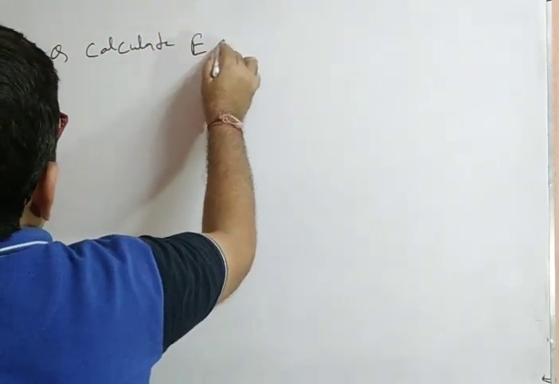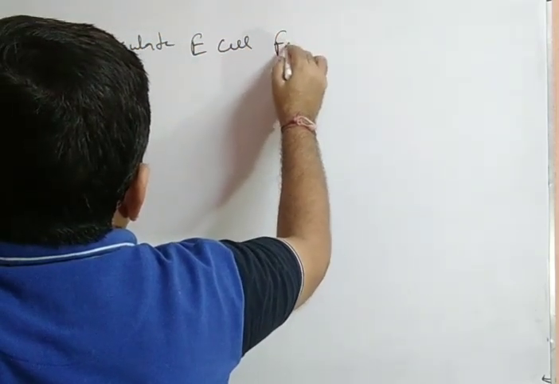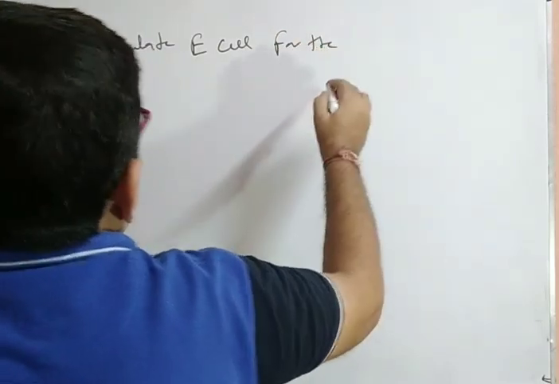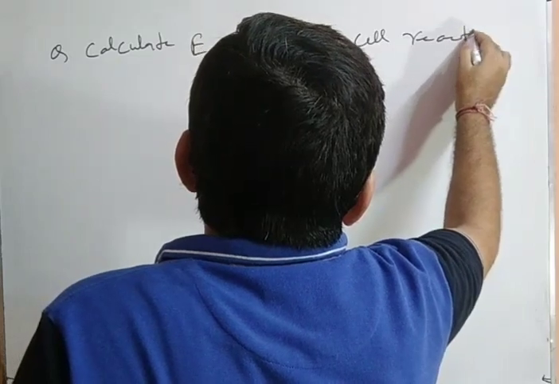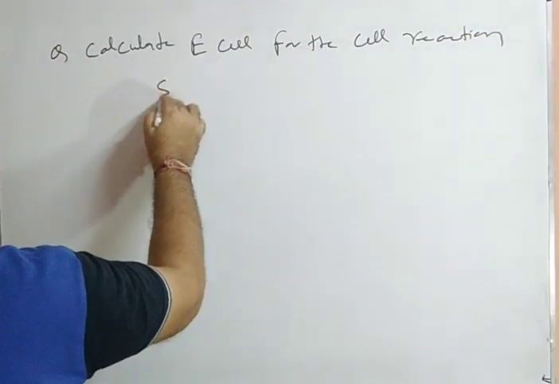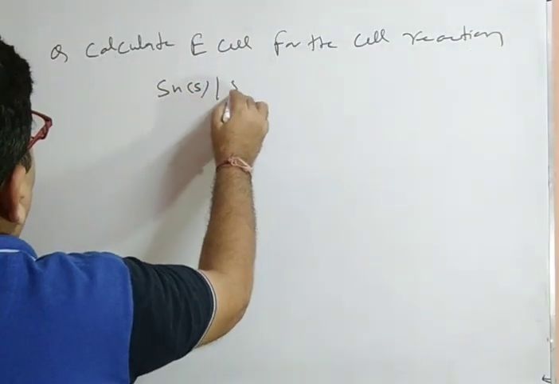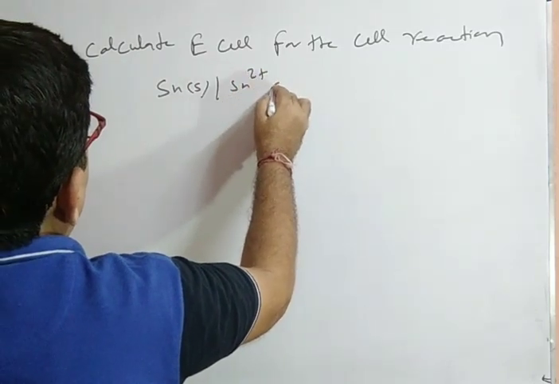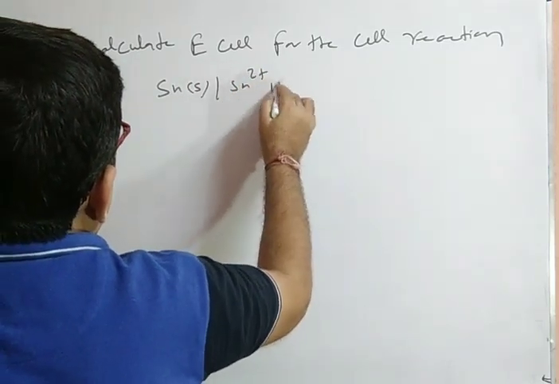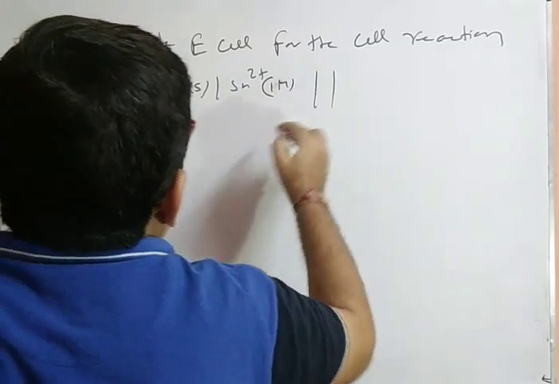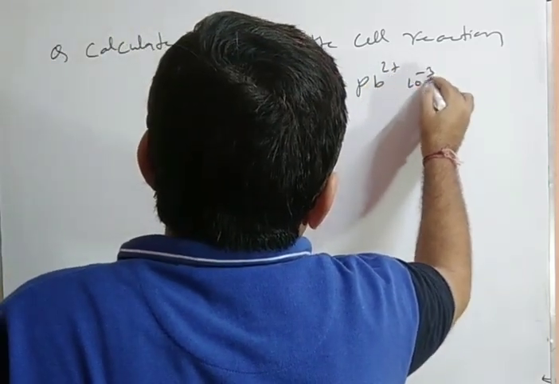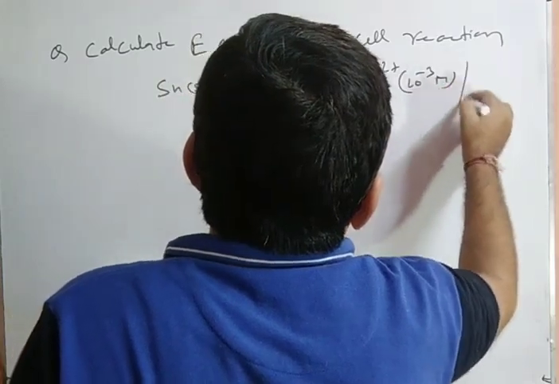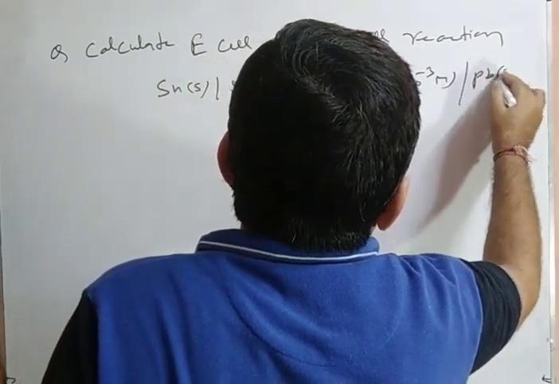Calculate E cell for the cell reaction: Sn solid oblique Sn2 plus, concentration is 1 M, slash Pb2 plus 10 to the power minus 3 M, oblique Pb solid.